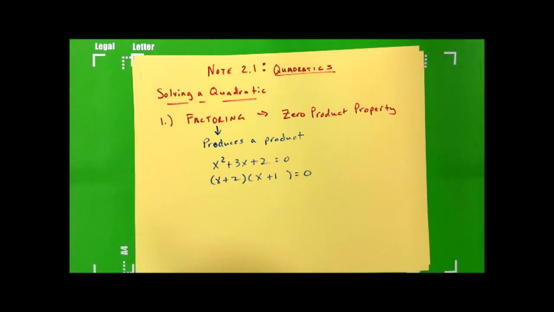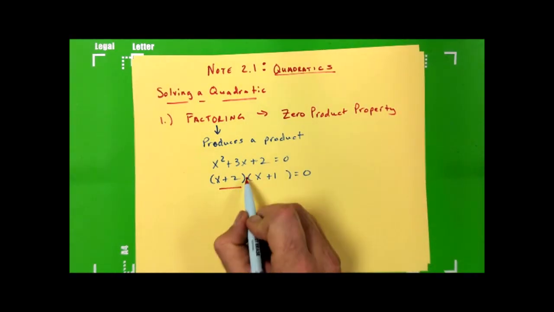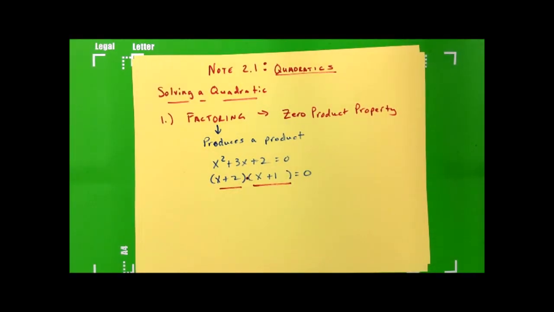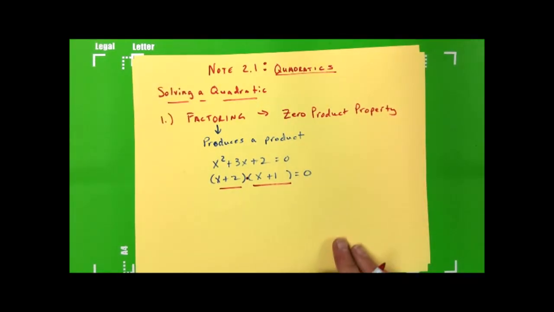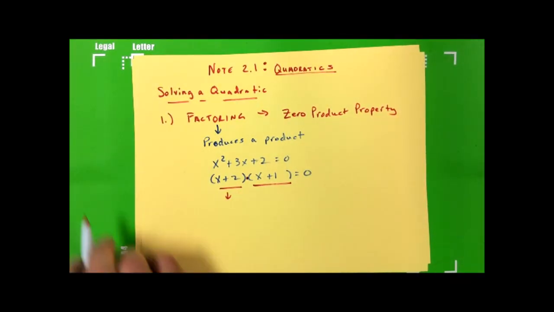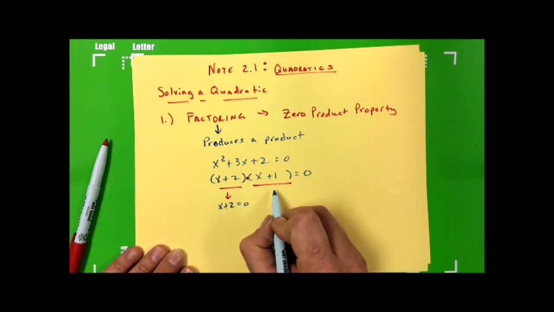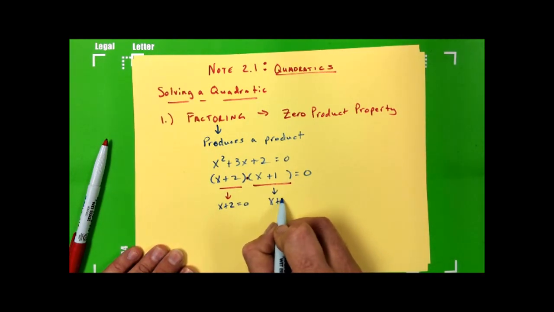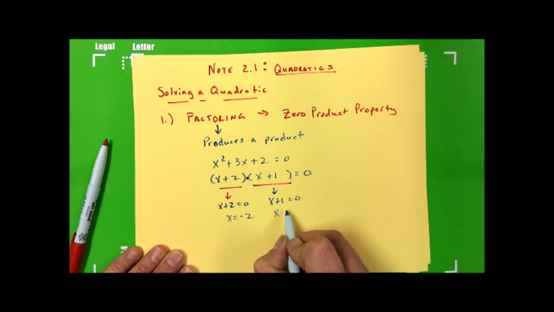But the natural part of factoring is to produce a product. You'll notice I have something times something else. And any time you have a product set equal to 0, this is where the application of zero product comes in. You're going to set each part of the product equal to 0. And you're going to solve.